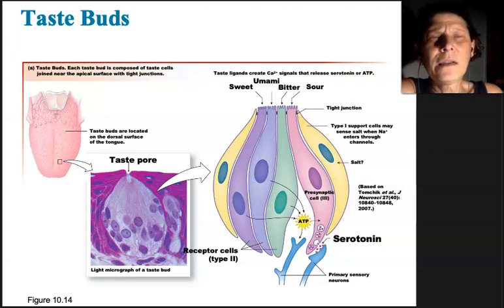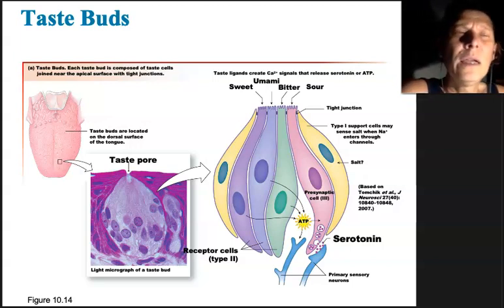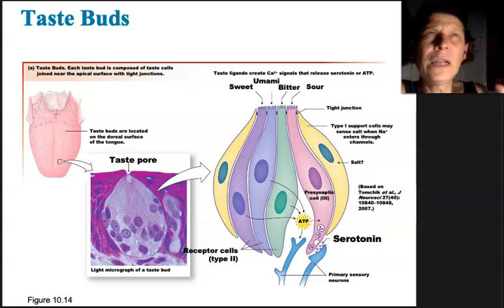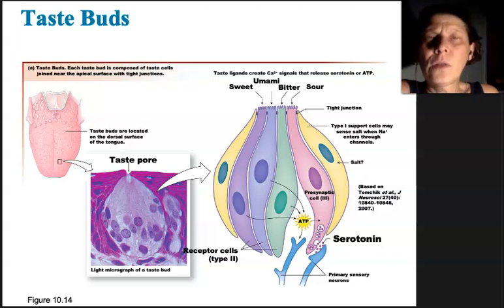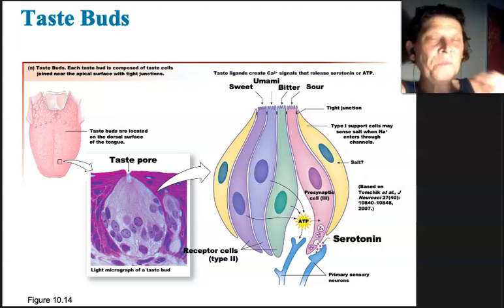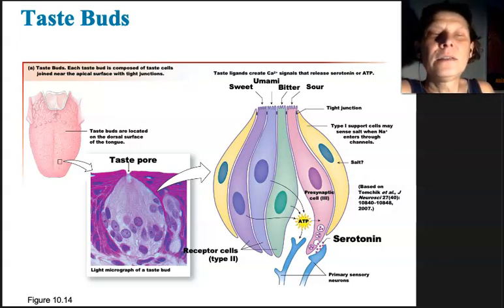There's 5 basic sensations in terms of taste. I've mentioned sweet, bitter, and umami is savory, so spicy tastes, and they cause the release of ATP from the receptor type 2, and that activates gustation, that activates the afferent fibers.